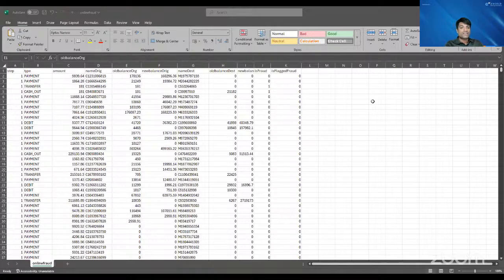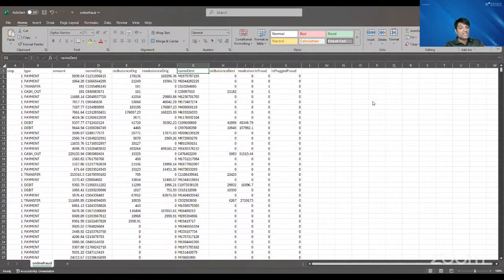Old balance indicates how much amount is there in that account before the transfer is done. The new balance is the balance in that account after the transaction is done.